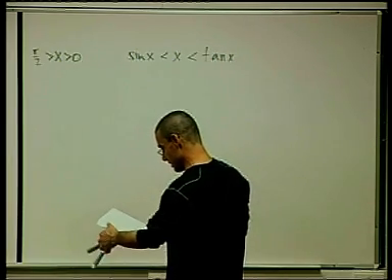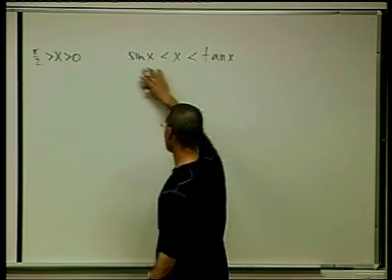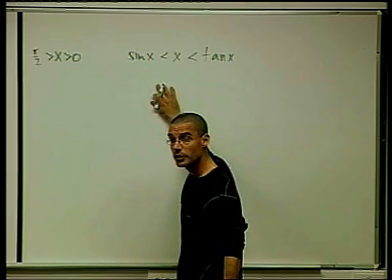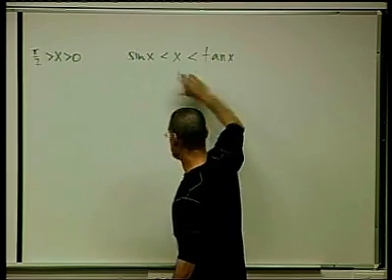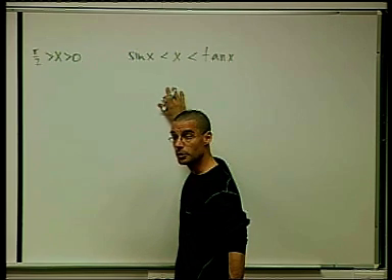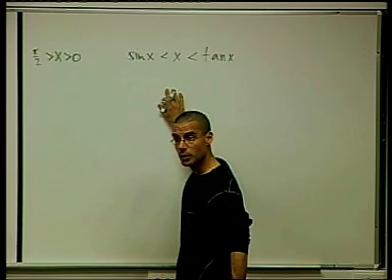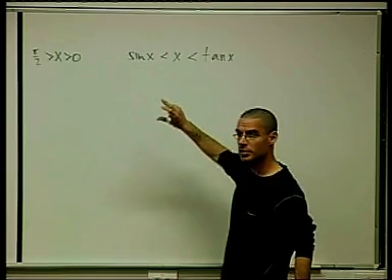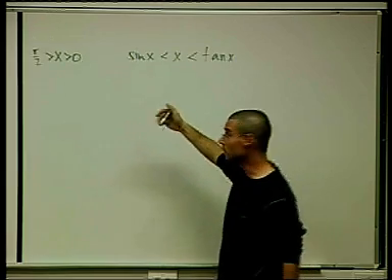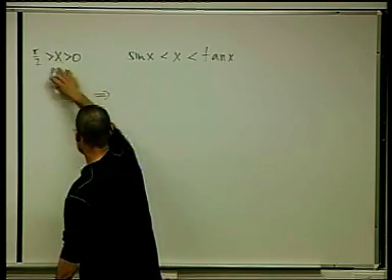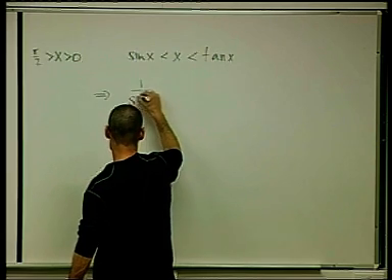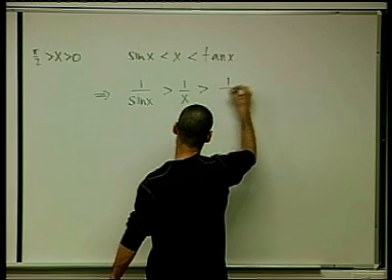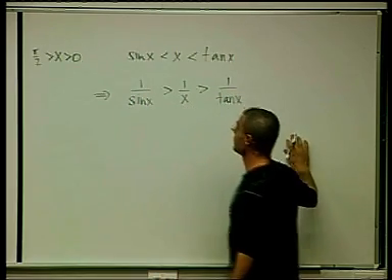Everything is positive here, and sine x is greater than 0 in this region, so we can do reciprocals to the entire thing. Do you agree? When we do reciprocals, the directions of the inequality change, right? So we get, in this region, 1 over sine x is greater than 1 over x, is greater than 1 over tan x. Does everybody agree?